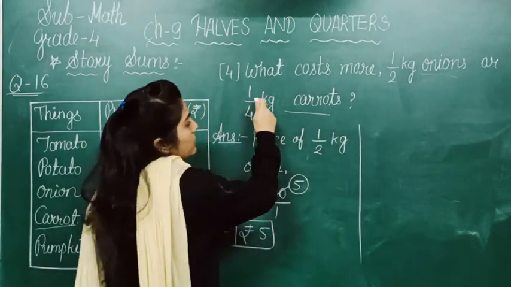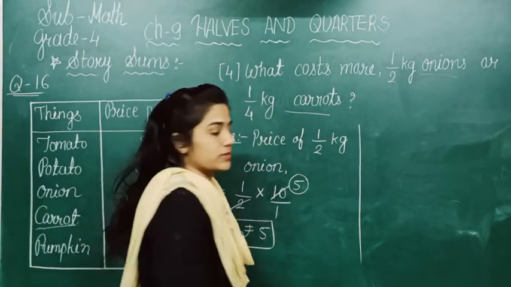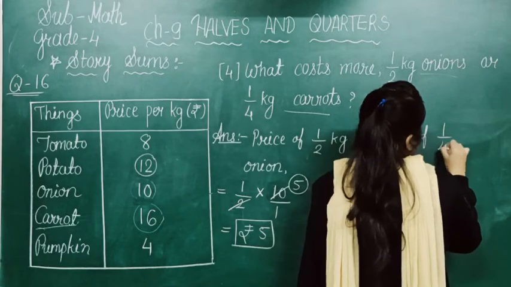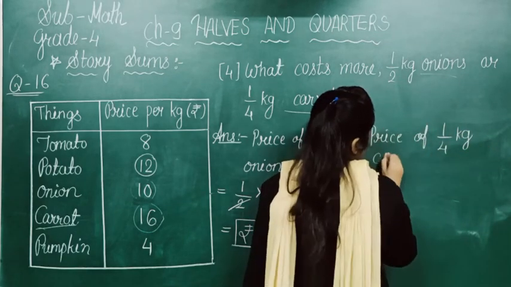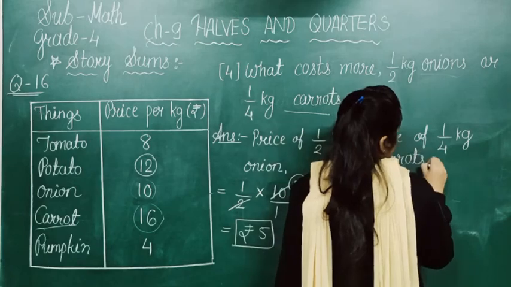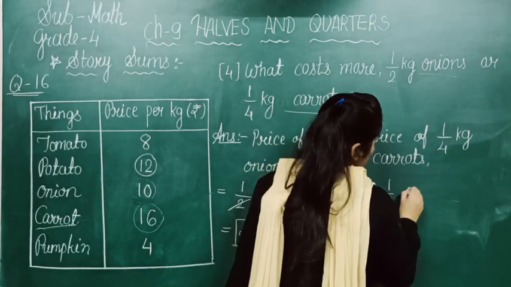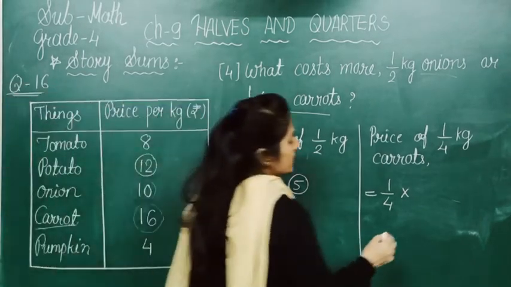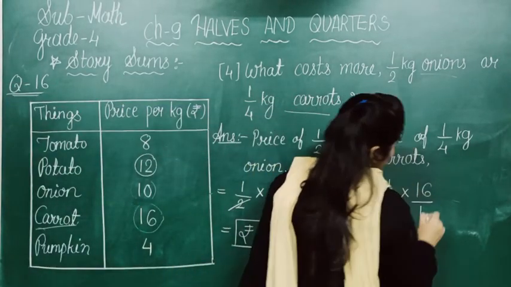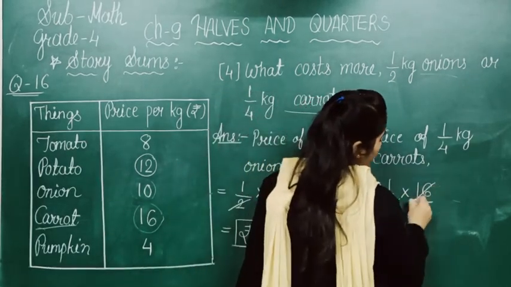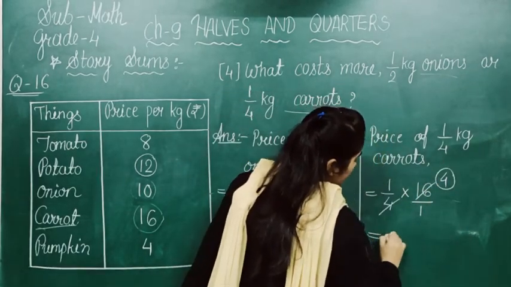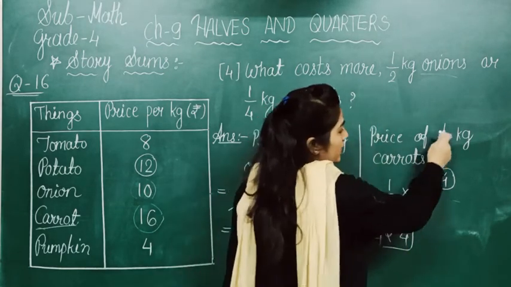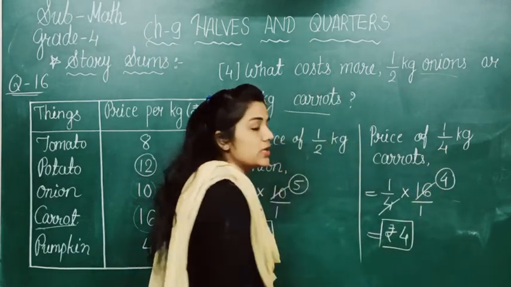Now let's find the price of 1/4 kg carrots. That is 1/4, and the price per kg of carrot is given ₹16. So we multiply with 16, right? Now 4 4s are 16. So 4 is our answer. The price of 1/4 kg carrots is ₹4.